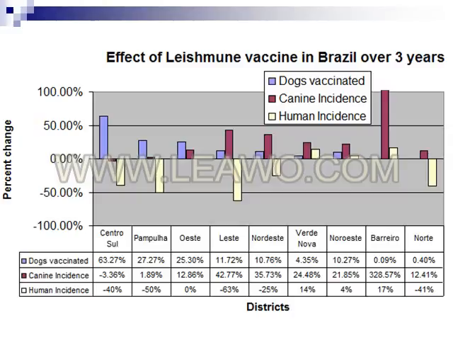On the other hand, in Verde Nova, which is more in the middle of this graph, we can see that only 4.35% of dogs were vaccinated and human incidence actually increased by 14%. The only district that shows no correlation between dog vaccination and human incidence is Norte, which is on the far right of this graph.